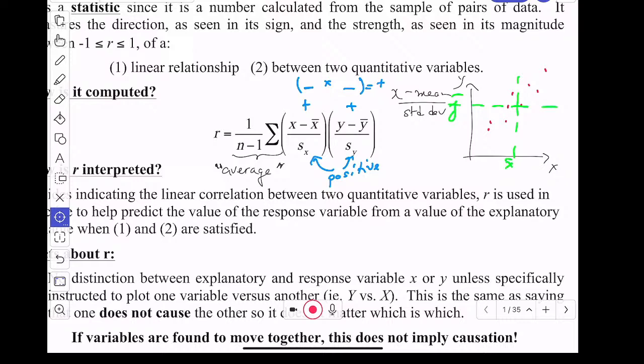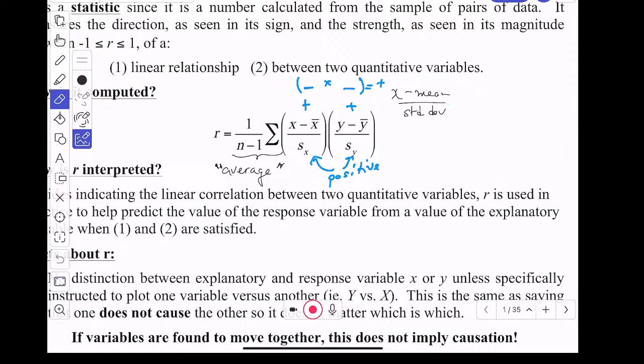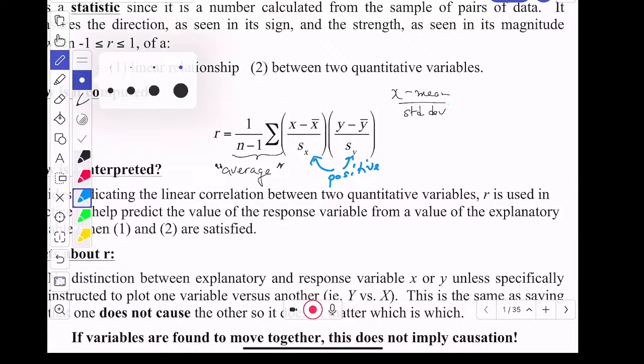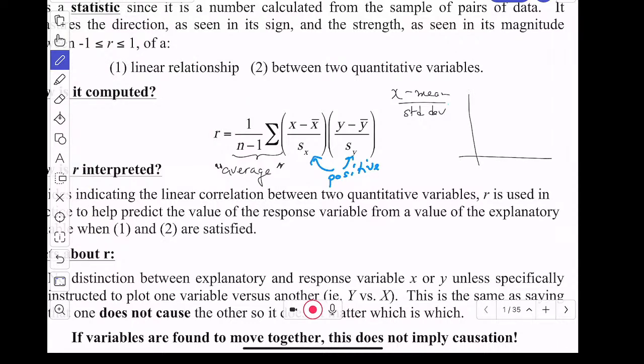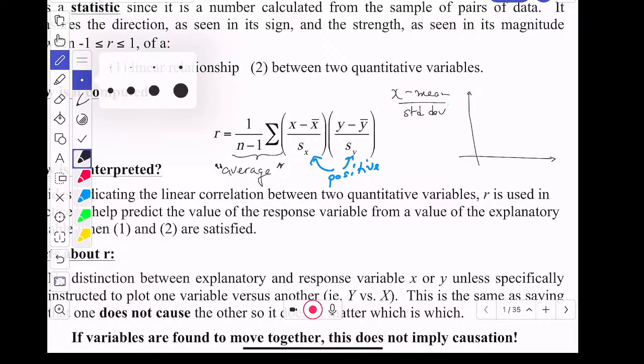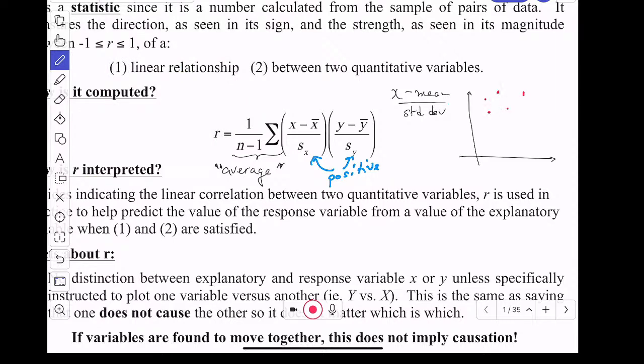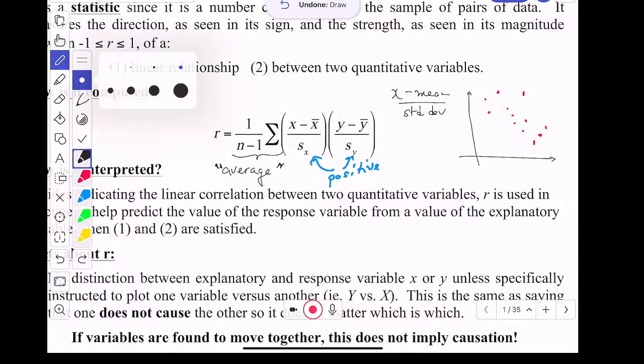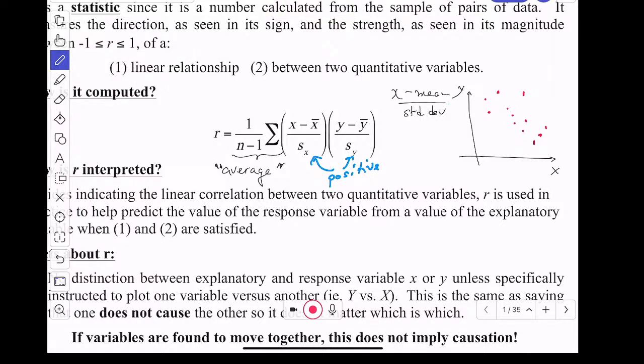What about a negative relationship? So if you have a negative relationship, when x is high, y is low.